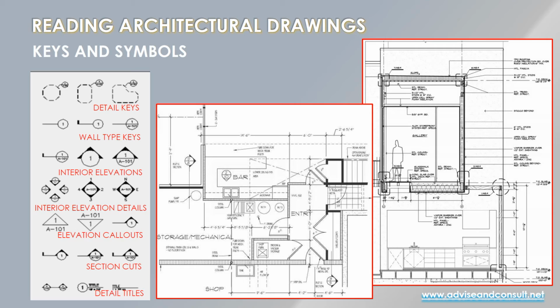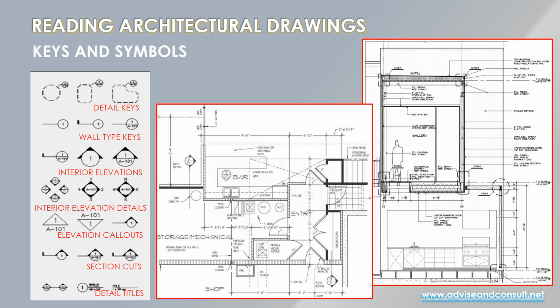This is a smaller project, obviously, because it's just a number 5. So that means there are less than 99 sheets in the set. Whereas on a larger commercial project, your detail keys will identify themselves with numbers like A 5.9 or A 7.12, which are all numbered by those numbering key systems. So section cuts, detail titles.